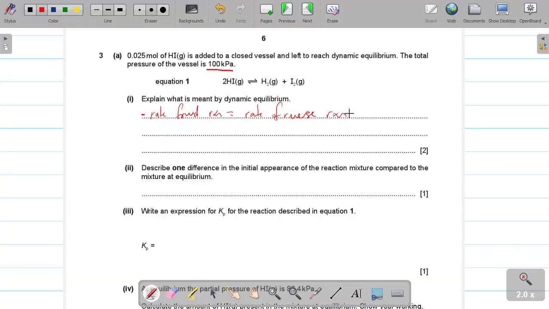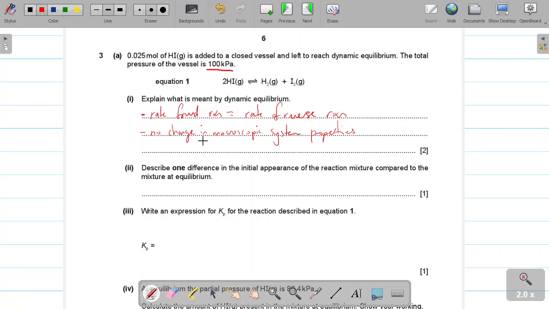That's one aspect of dynamic equilibrium. The other aspect is that because these rates are equal, there is no change in macroscopic system properties. And what does this mean?